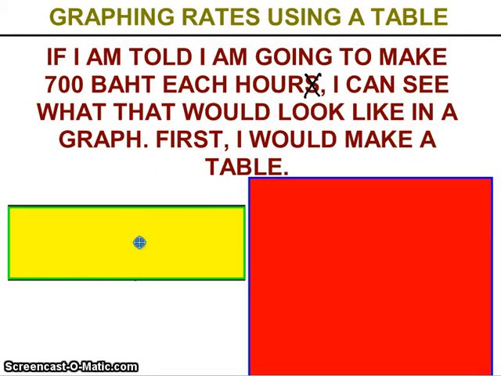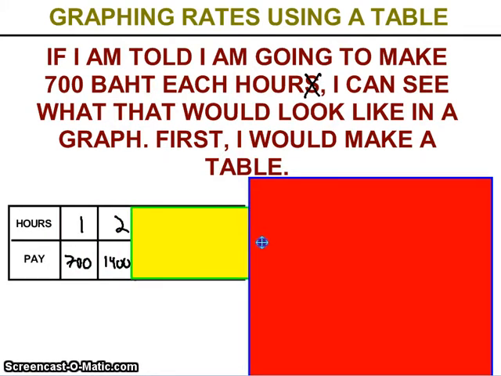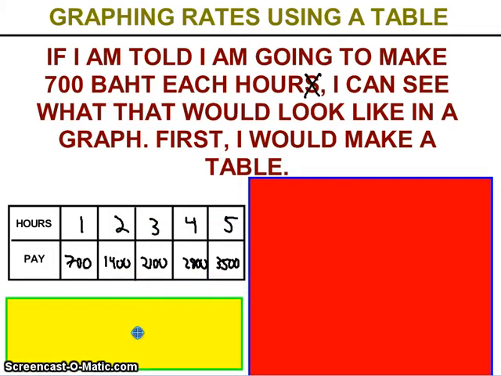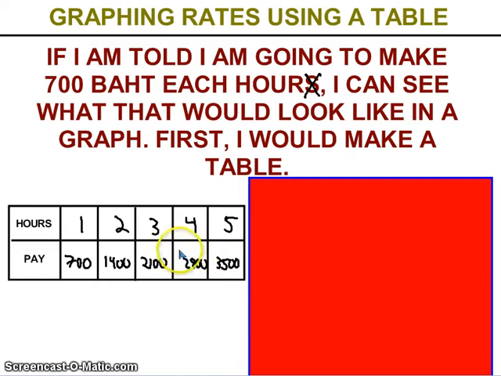Okay, so I go through the process of making a table with hours and pay. I do 1 and 700, 2 and 1400, 3 and 2100, 4 and 2800, 5 and 3500. That gives me my values.